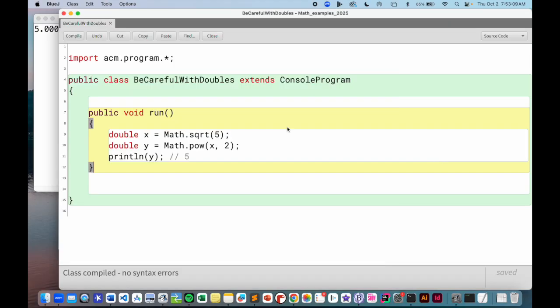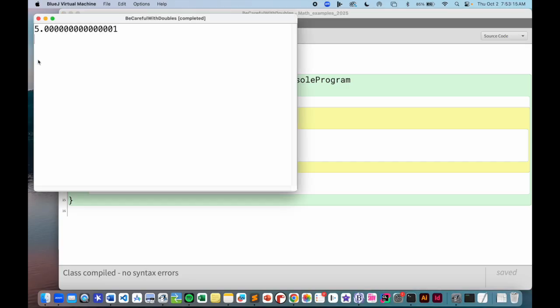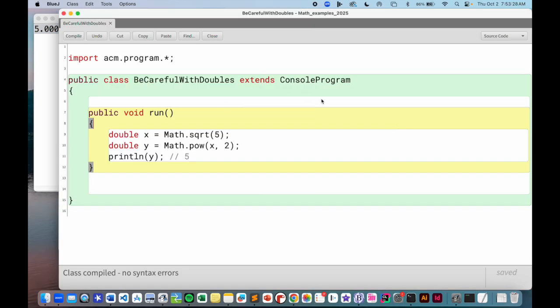So I have to teach you a new thing about doubles, which is that doubles are actually inexact. A double stores a certain number of decimal points, and that's part of how doubles work in Java. They're able to store up to a certain decimal point, which means somewhere at the end of that decimal there's got to be some sort of rounding or cutting off going on.